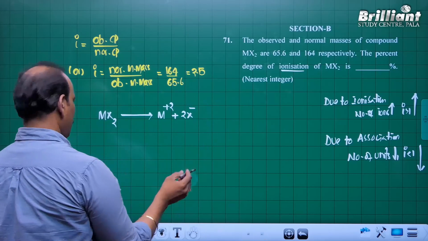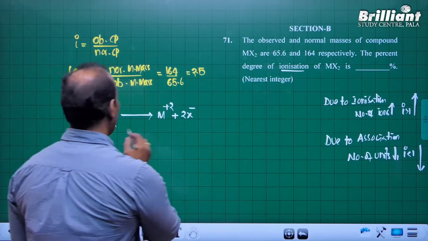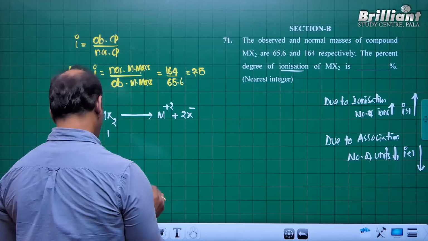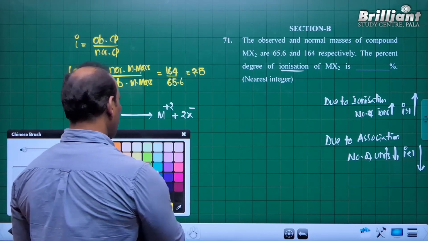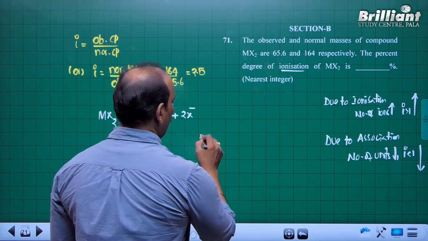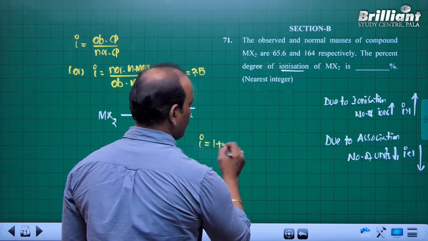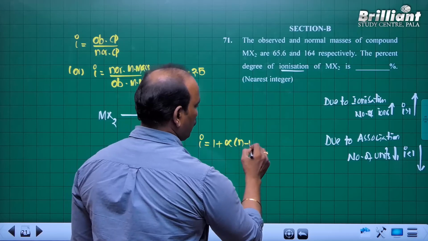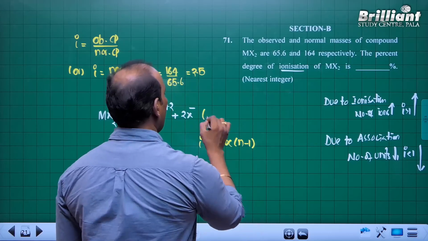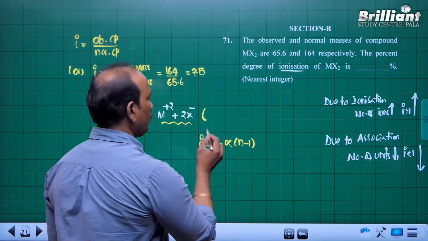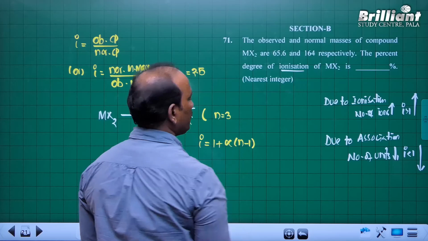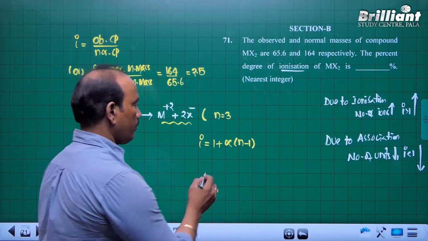Now the formula of the Van't Hoff factor: i equals 1 plus alpha into (n minus 1). What is the n value? How many ions are there in the solution? Here n equals 3, the number of ions in aqueous solution.